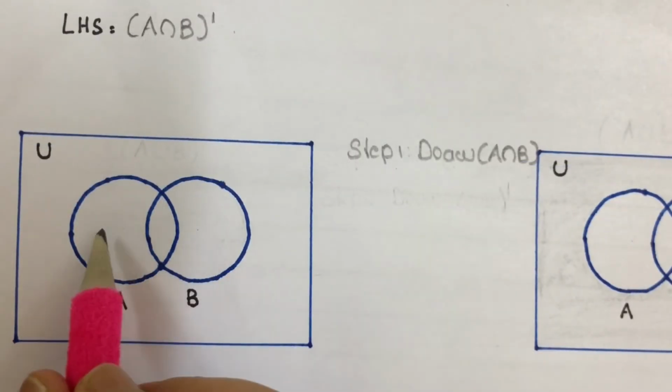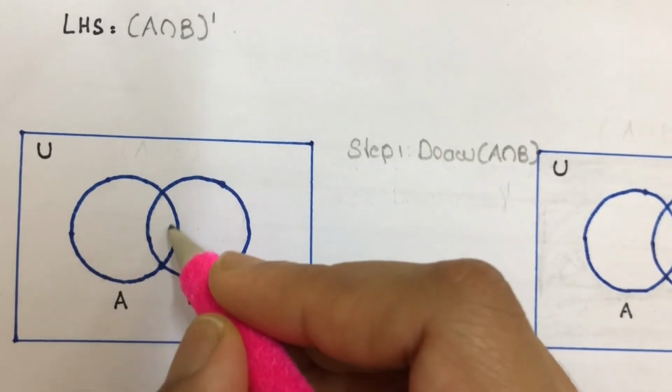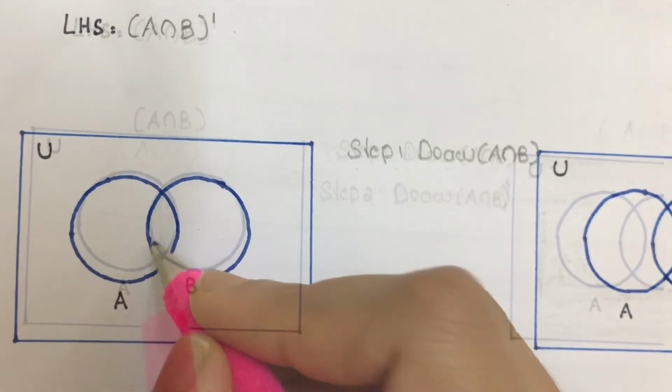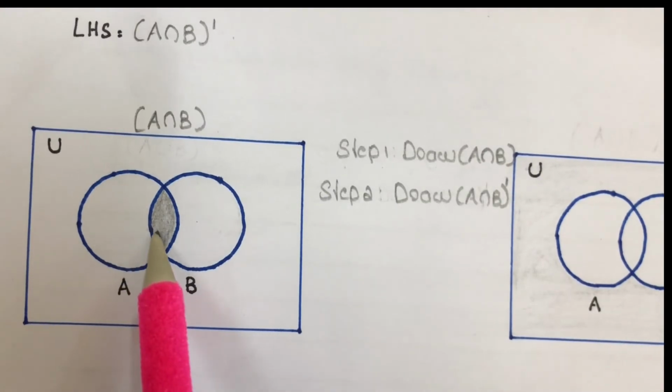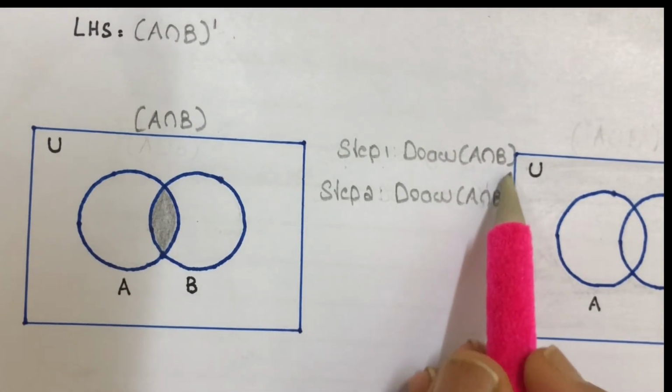Now, which area is common in A and B? This area is common. So A intersection B will be this area. Now, step 2, draw A intersection B whole complement.